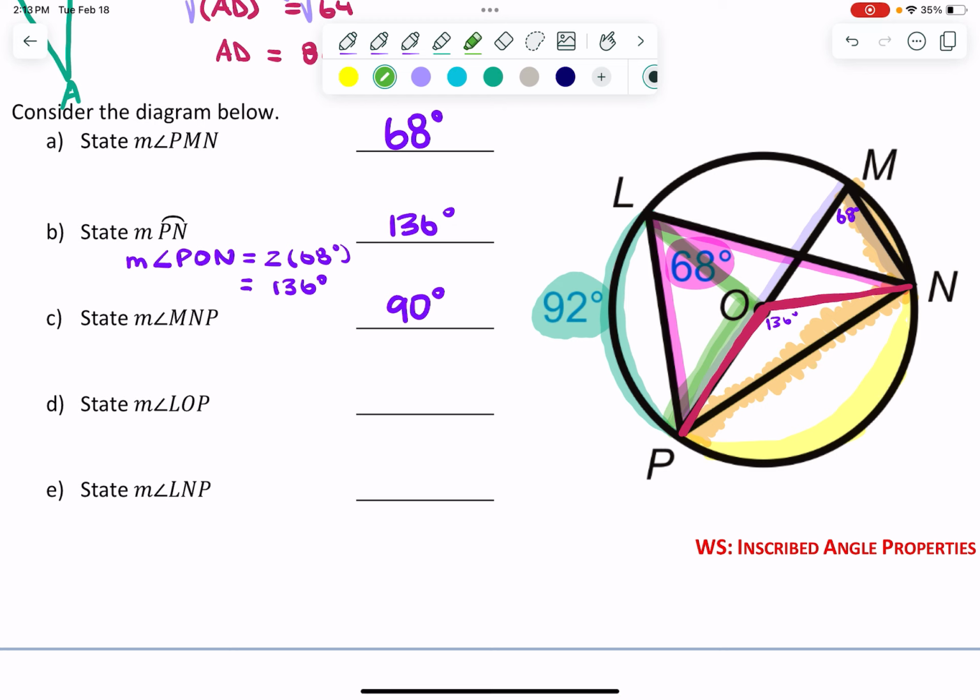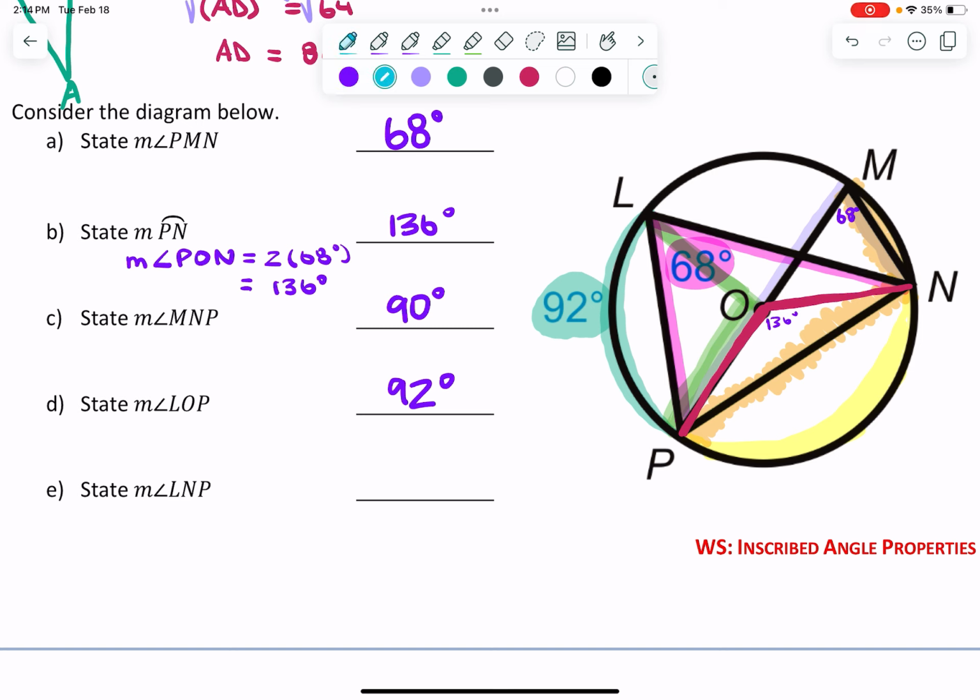I don't know its inscribed angle measure, but I do know the measure of the arc that it intercepts. From the previous lesson, we know that the measure of the central angle is equal to the measure of the arc that it intercepts, which means that central angle is 92 degrees as well.